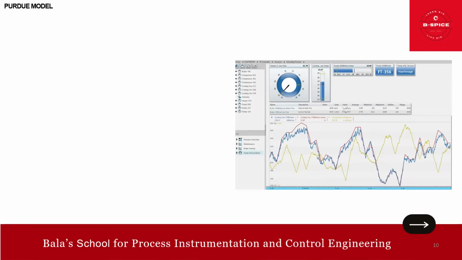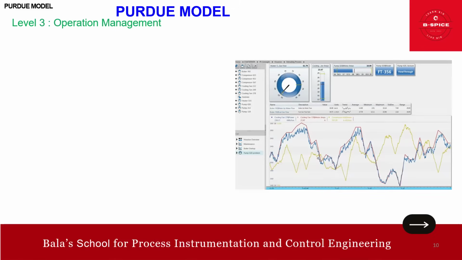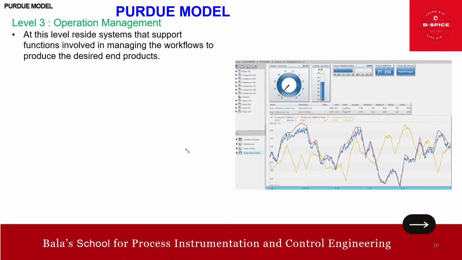Now we'll go into level 3, more of an operation management. At this level reside the systems that support the functions involved in managing the workflow to produce the desired end products. You got it, friends?